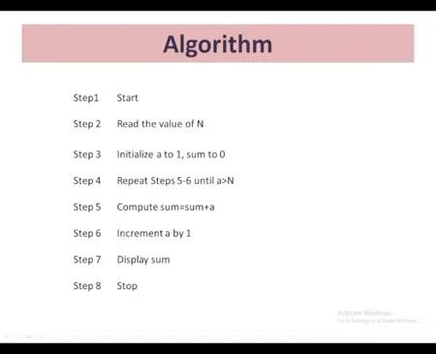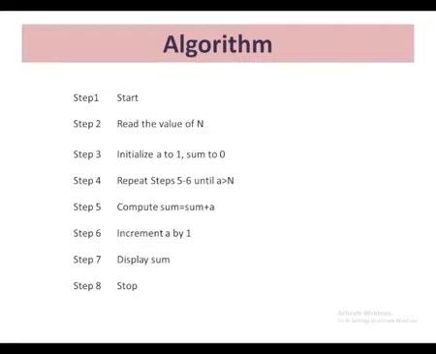Again, after performing 5 and 6, it will come and check whether a is greater than n. If it is false, then again it will do 5 and 6 and check again. So, this is how this process will be repeated. This is what in computers we term a loop. Then once a is greater than n, it will come out and go to step 7, which is displaying the sum.